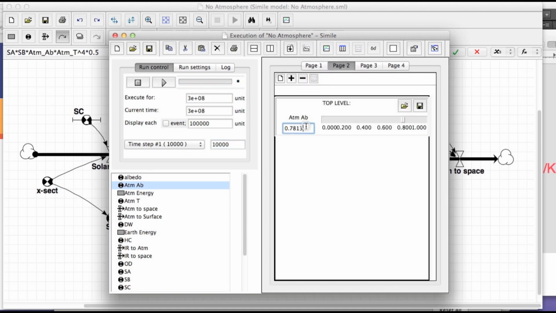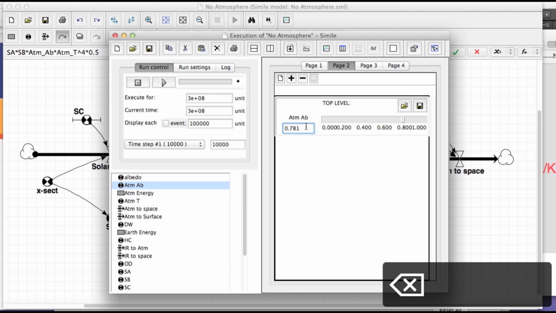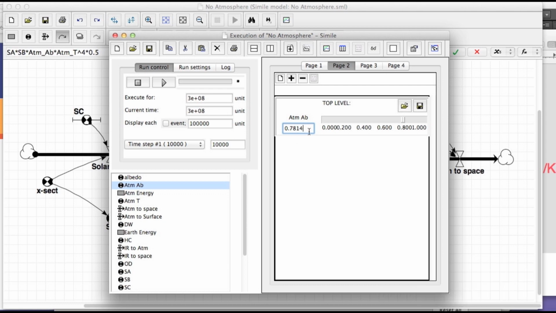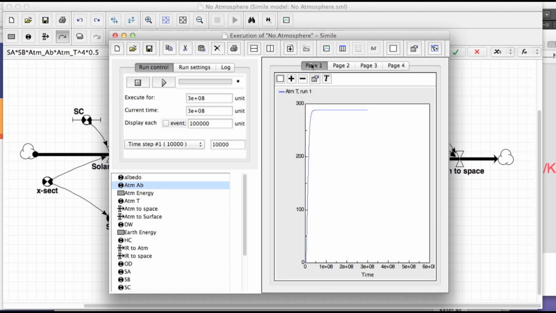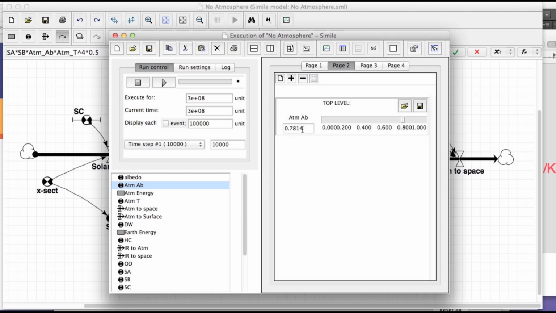Okay, so I think I was closest at the range of decimals I gave myself. 0.7814 as the fractional, unitless value. I don't have to say units on that. That's my absorptivity, and my emissivity constant when I'm at equilibrium is about 0.7814.